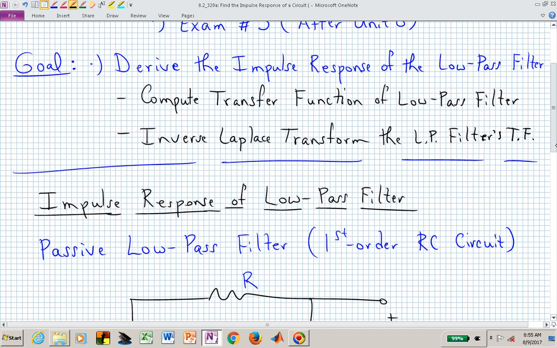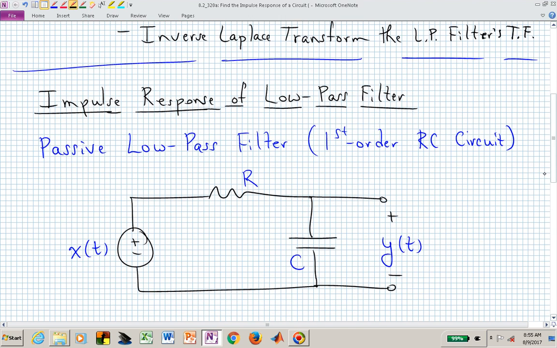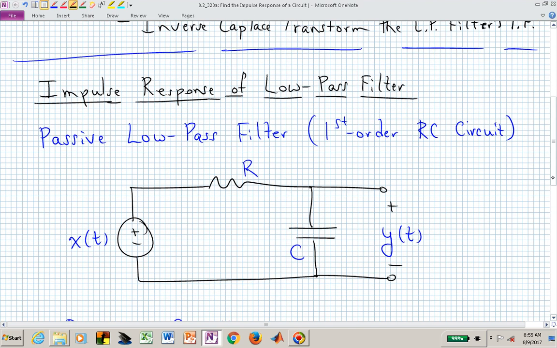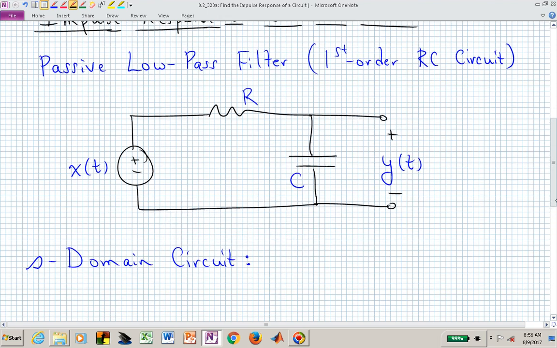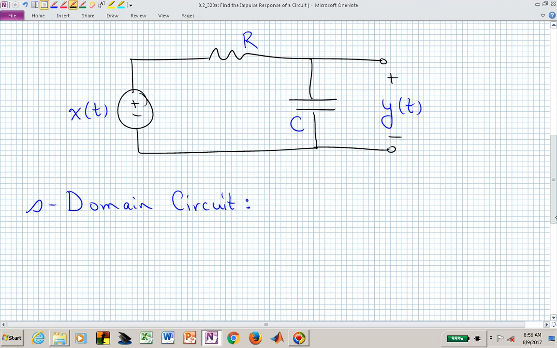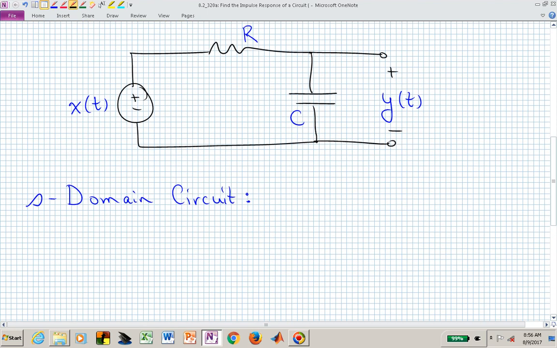Let's now compute the impulse response of this low-pass filter. It's an RC circuit. We have our input X, we have our output Y. We might as well utilize what we've now learned in terms of quickly analyzing this without having to find the time domain governing differential equations. Now we can immediately go into the S domain equivalent circuit of this system.